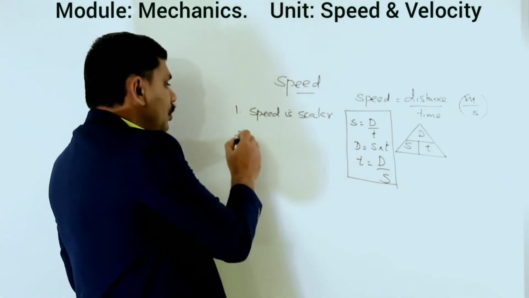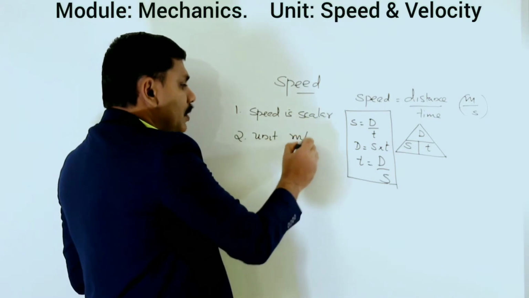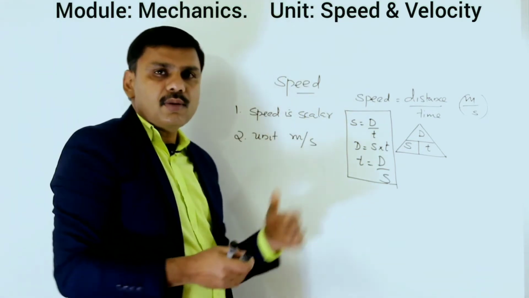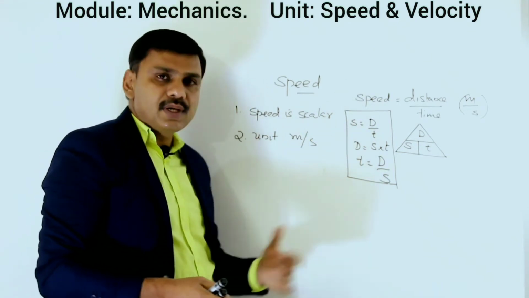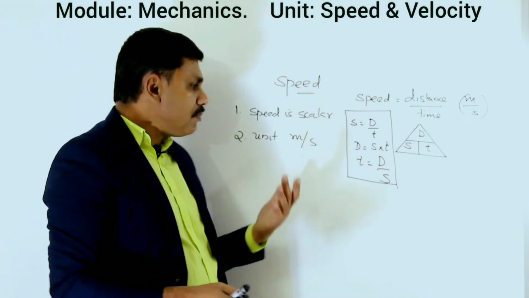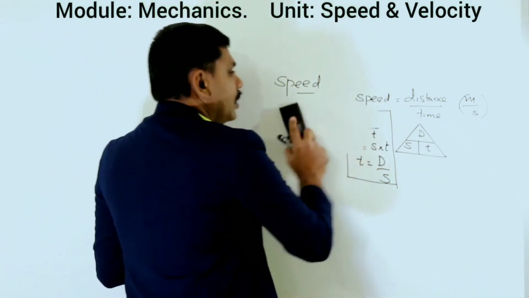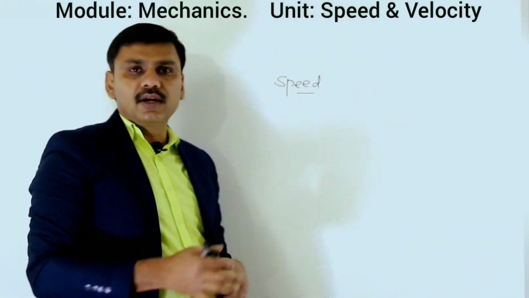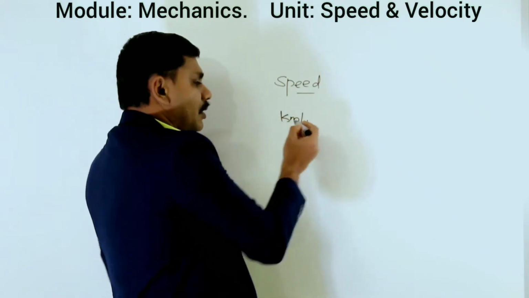The normal unit of speed is meter per second. In some problems they will give the unit kilometer per hour because we are calculating the speed of a vehicle in terms of kilometer per hour.